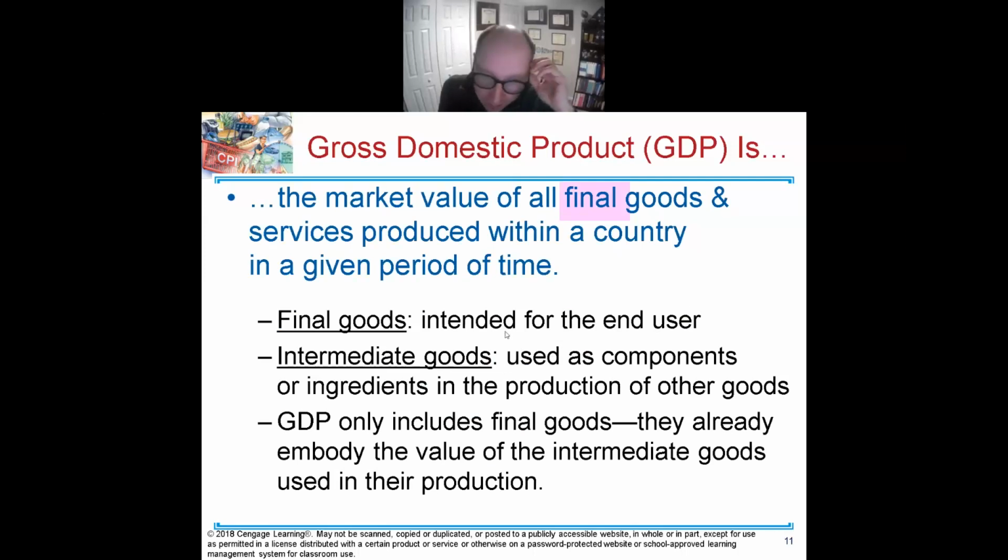Final goods and services means the finished products that are available for sale. So we don't count the goods and services that are in production. Okay, we only count ones that are available for sale. For those of you who took accounting with me, you know that there's 3 types of inventory.